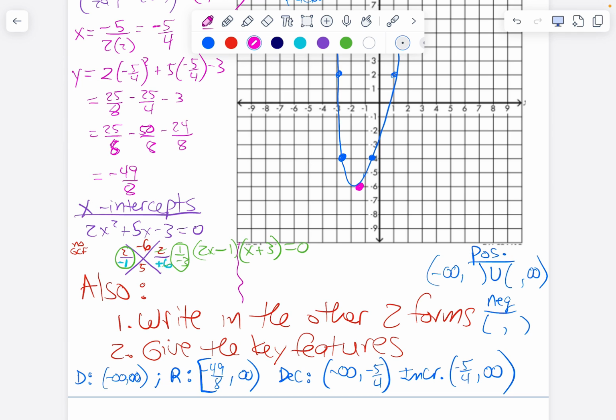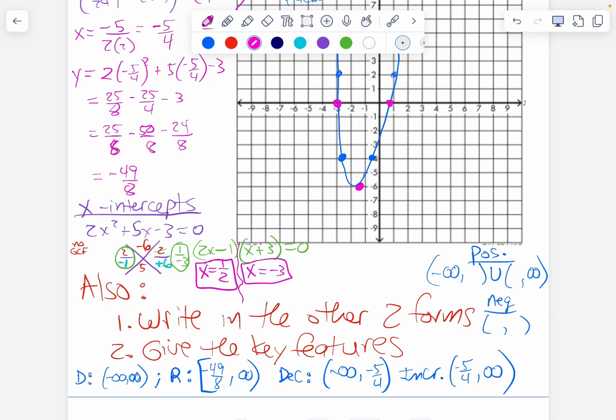Can you look at those and tell me the zeros without solving them, without writing it out? What's the 0 of the first factor? 1/2. So move the 1 over, divide by 2. What's the 0 of this next factor? -3. Okay, so now we have points there. Check out my graph.